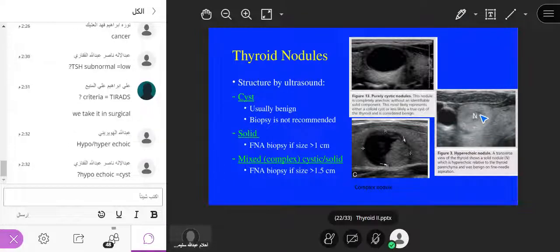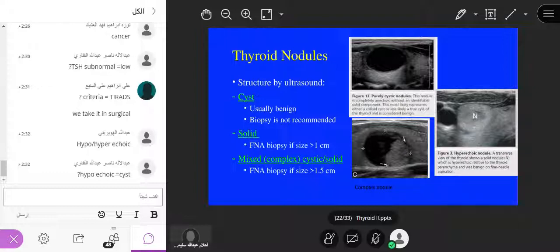This is the thyroid tissue and this is whiter than the thyroid tissue, so it's called hyperechoic. The cyst is not hypoechoic, the cyst is anechoic, it has no echo. Anechoic, black, completely black. Hypoechoic is a color between anechoic and isoechoic, gray, light gray.